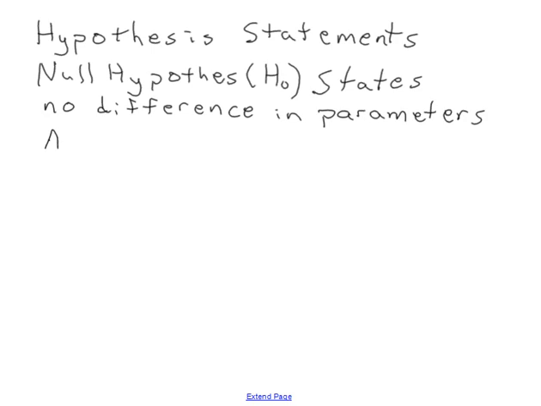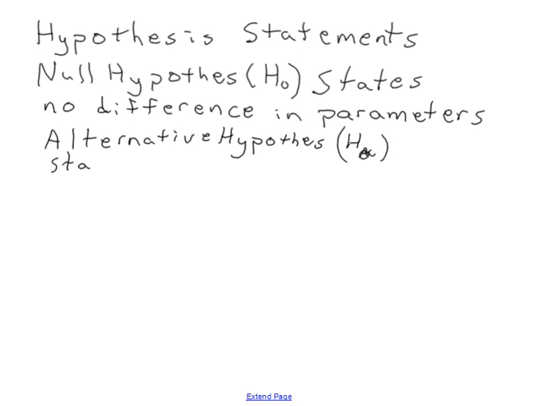The alternative hypothesis, which is denoted H sub A, states that there is a difference.